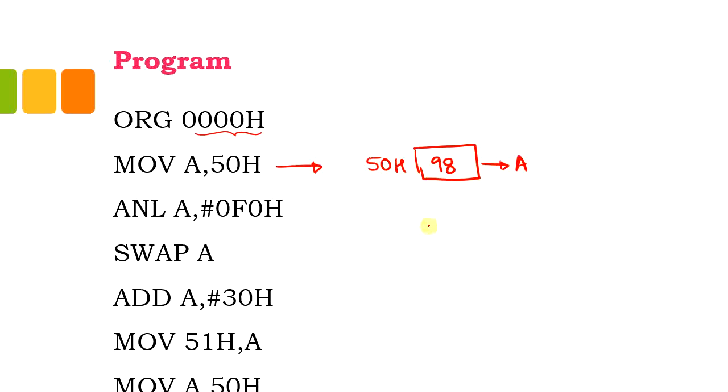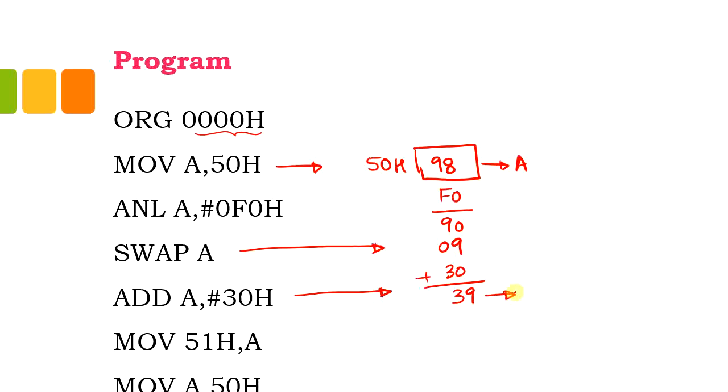So I have to see to it that I mask it with F0. So I will be getting 90. Swapping is done, the result will be 09. Then you're going to add 30, the result will be 39. And this has to be stored in the location 51H, because after addition your result will be in the accumulator. So this has to be moved to 51H.